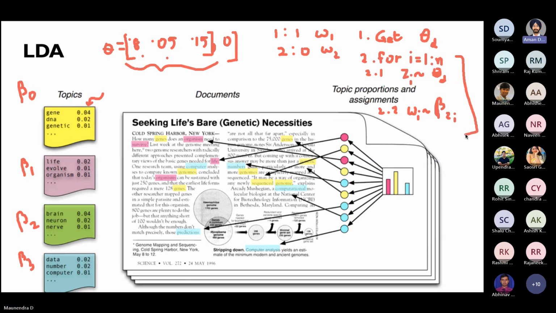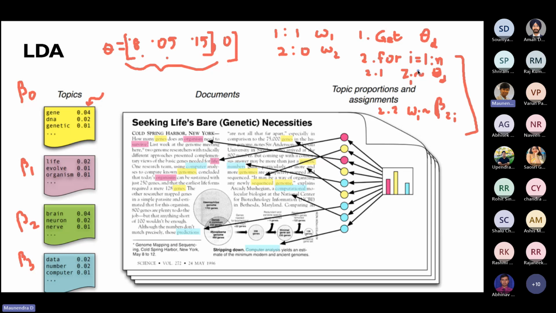Can you explain the point number 3 and 4 again? For each word, firstly we sample a topic, and this topic sampling happens from theta.